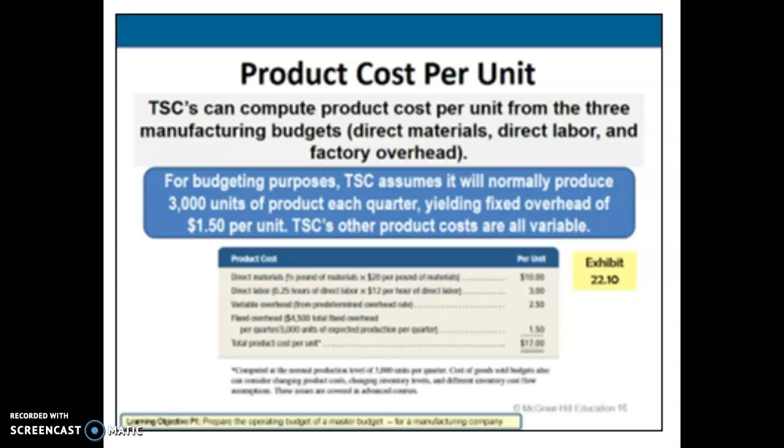Here it tells us that for budgeting purposes, TSC assumes it will normally produce 3,000 units of product each quarter, giving a fixed overhead of $1.50 per unit. That's calculated by taking 4,500 total divided by 3,000 units. The other product costs are all variable. And this just summarizes the product cost per unit calculation for us.